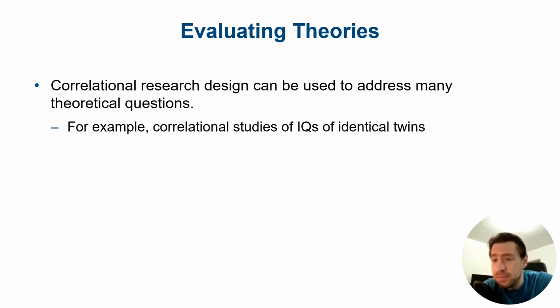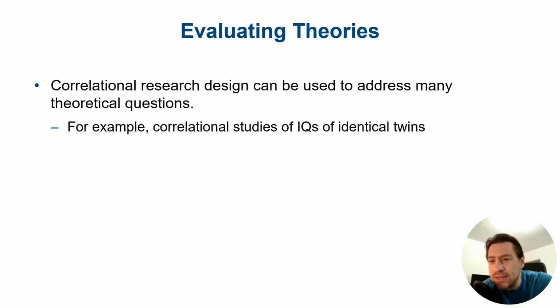So for example, people have studied identical twins separated at birth and raised in different environments to try and address this question. You have identical twins that share the same genetic makeup, but they have different environmental influences because they've been raised apart.